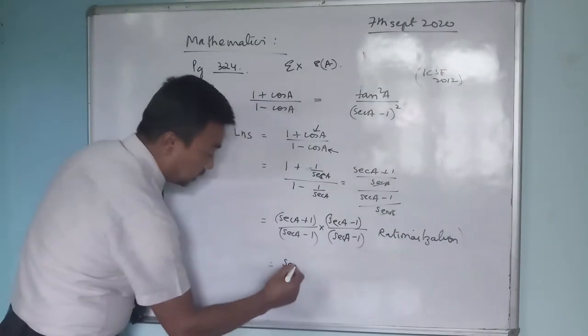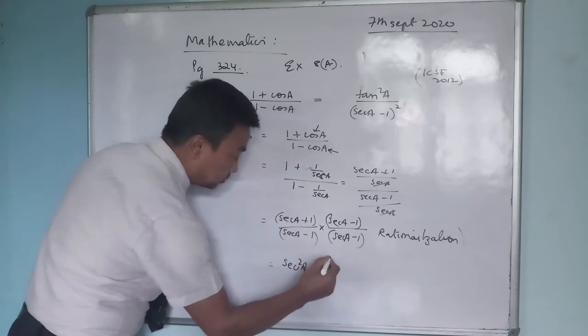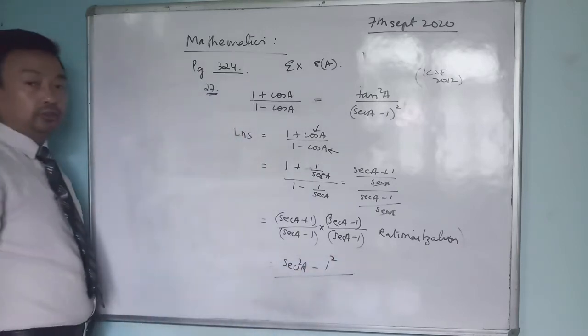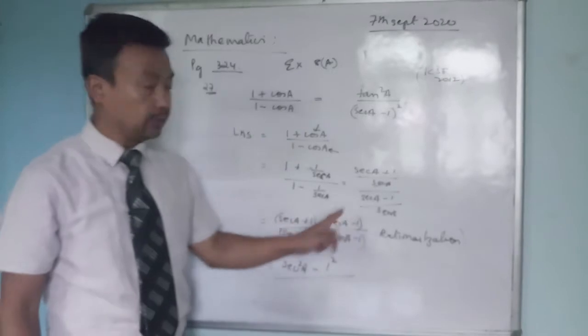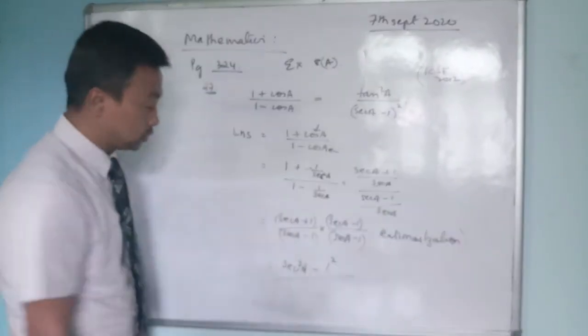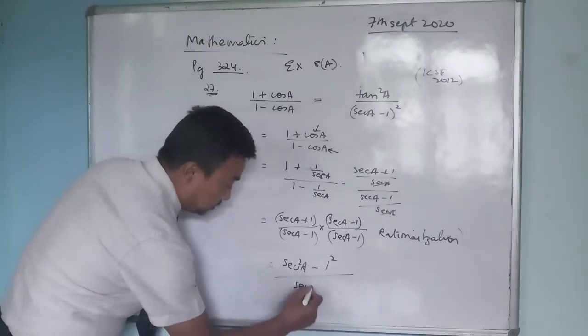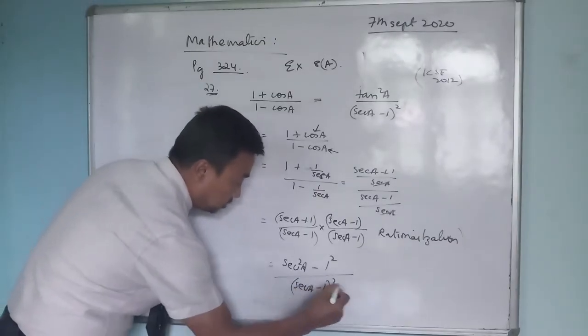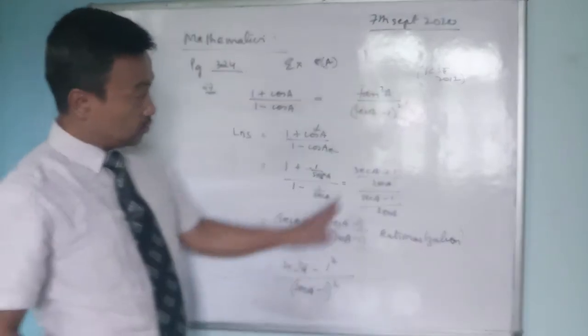So we can get something like this. We have used the formula of (A plus B)(A minus B). If you go down to the denominator, both the brackets look the same. So this will be (sec A minus 1) the whole square. So we have come to the denominator of the right hand side.